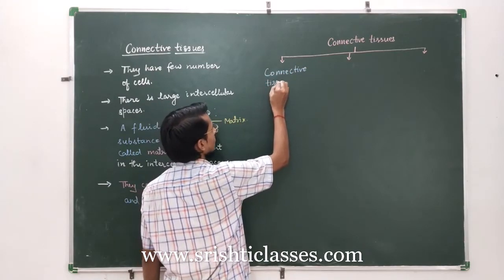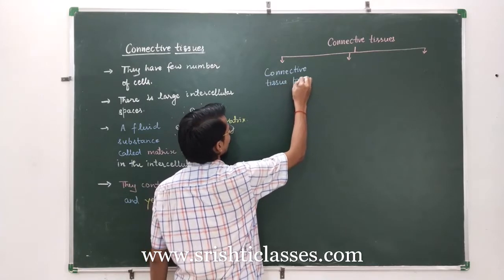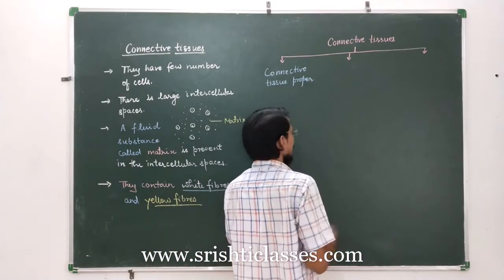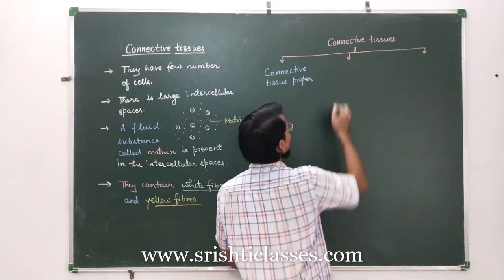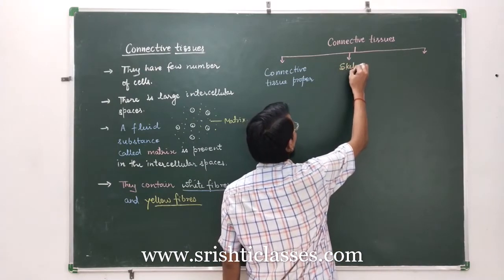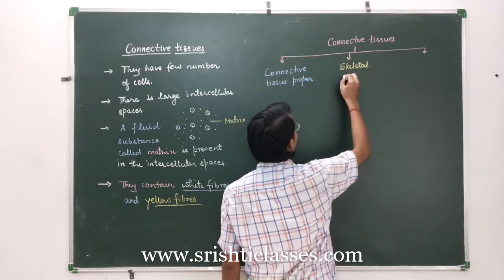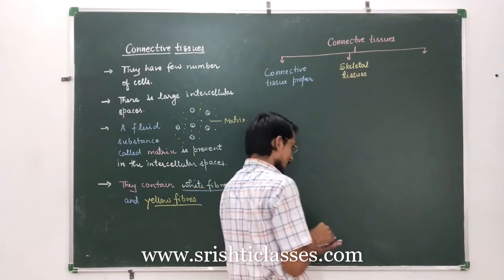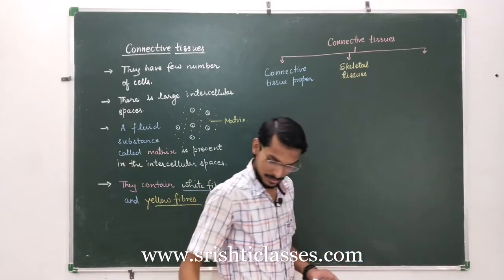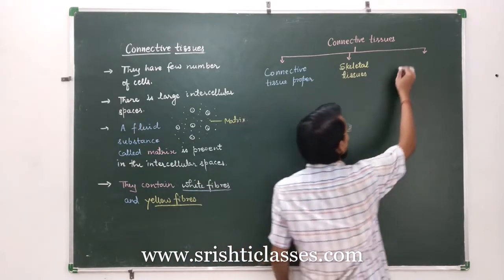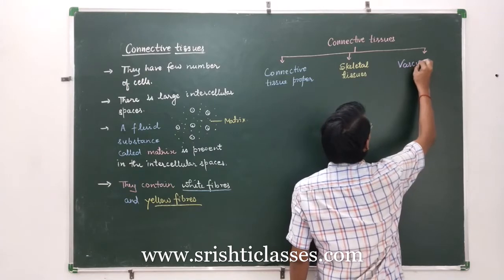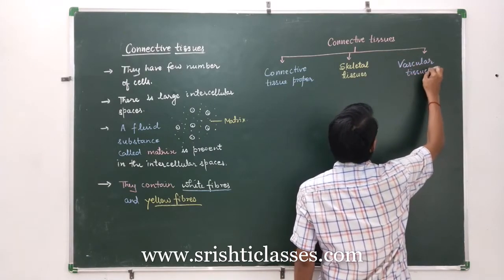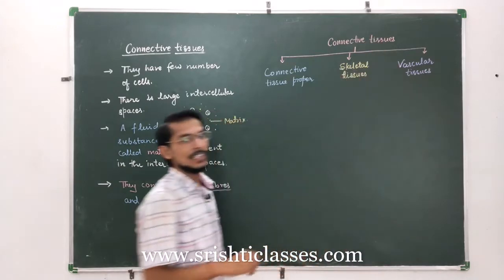The second one is skeletal tissue. And the third one is vascular tissues. These are the three subdivisions of connective tissues.